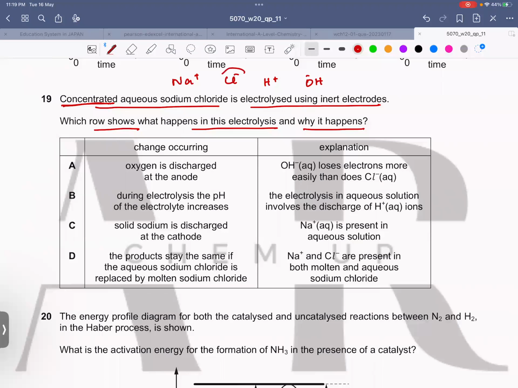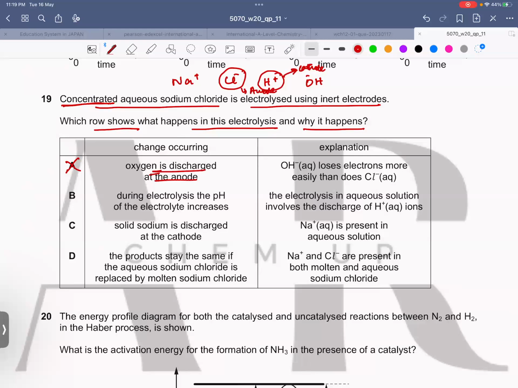Chloride ion would be discharged, and instead of sodium, hydrogen, being less reactive and below in the reactivity series, goes at the cathode, and chloride goes at the anode. So oxygen is discharged at the anode is wrong.